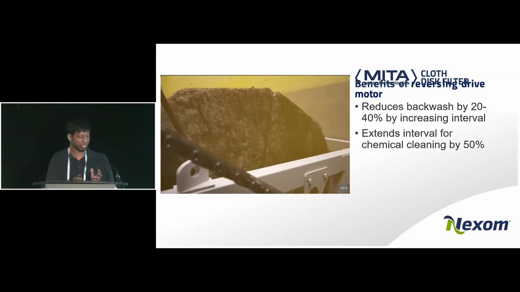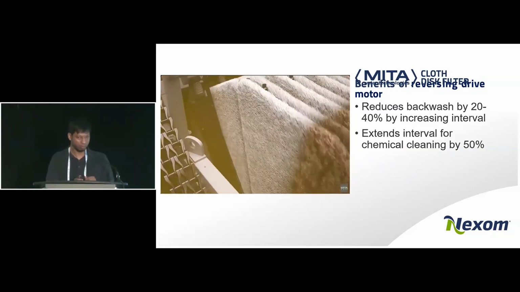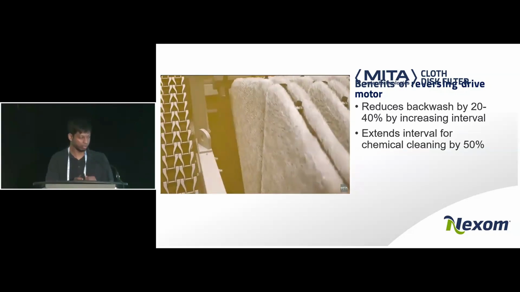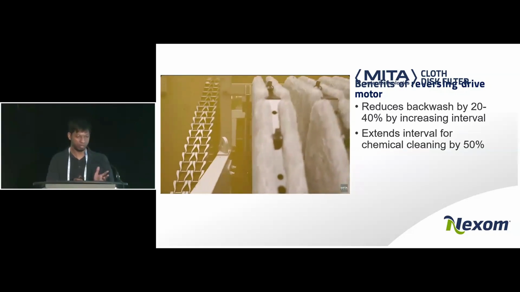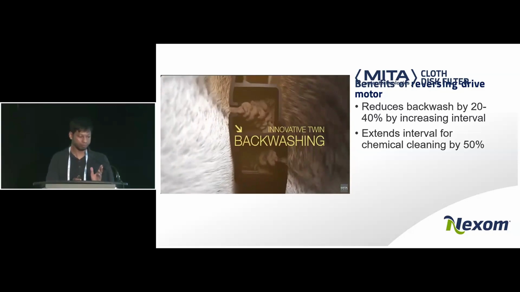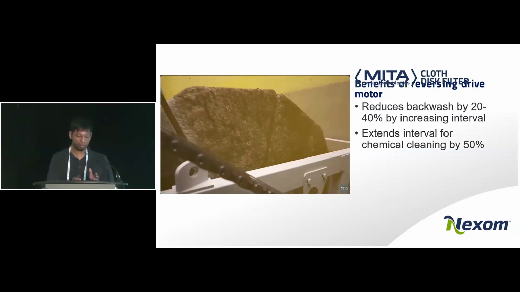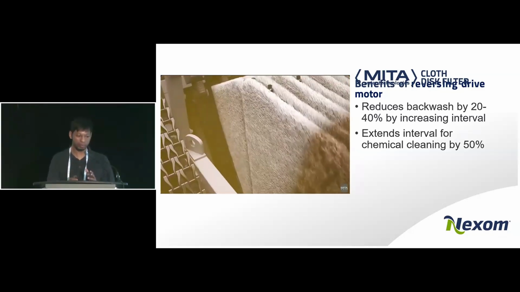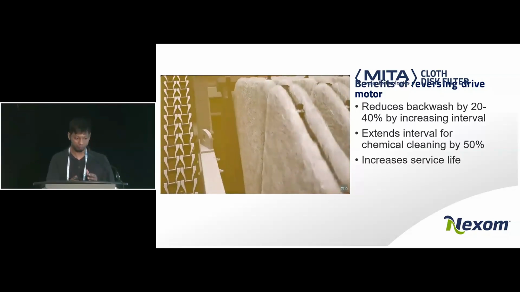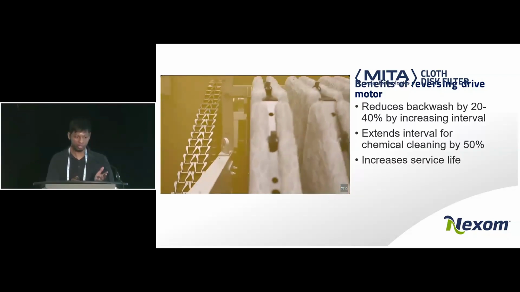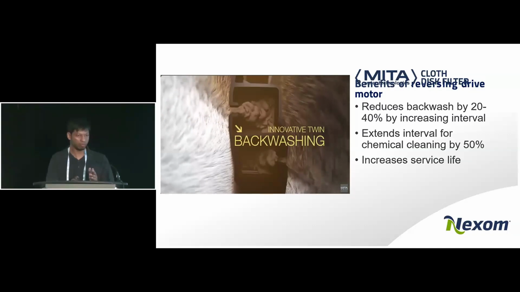We're able to extend the time to perform chemical cleaning by 50%, and depending on the use of the cloth, we don't need to perform a CIP clean for up to 2 years. By doing so, we increase the life of the cloth.